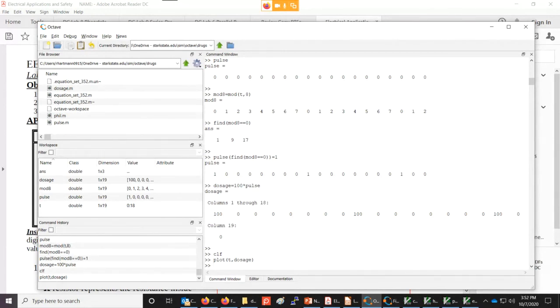And then I'm just going to use the find command, find the values that are zeros, and use that to force 1s in my vector of all zeros. So I start with a pulse vector of nothing but zeros, and then I put in non-zeros at those points.